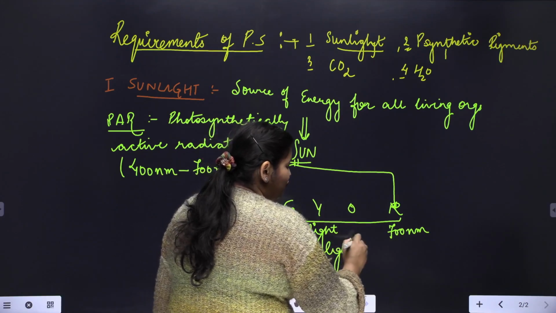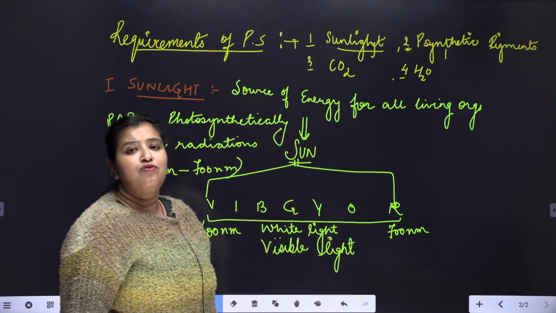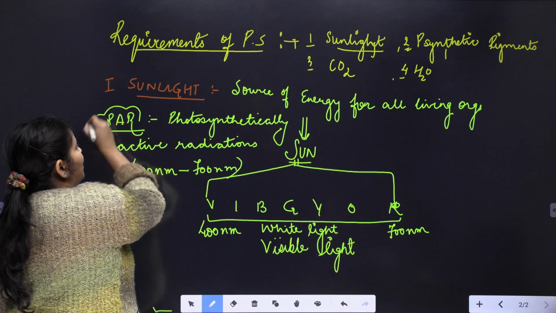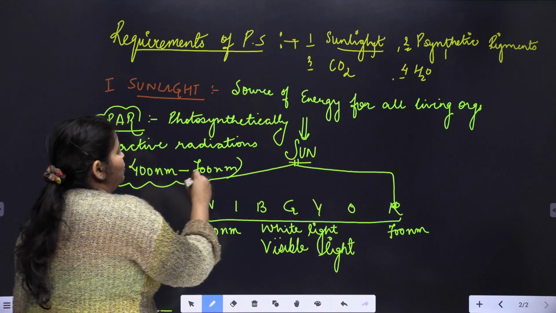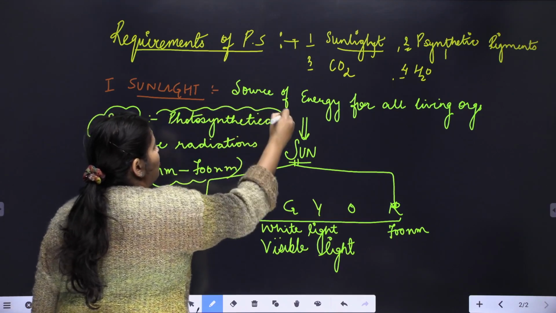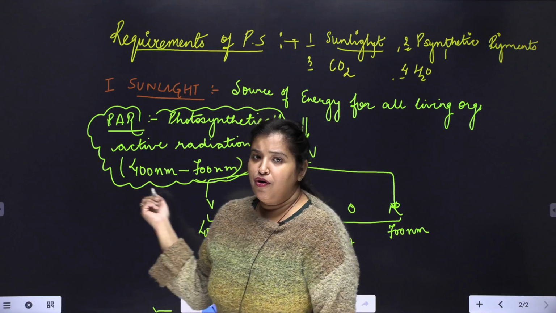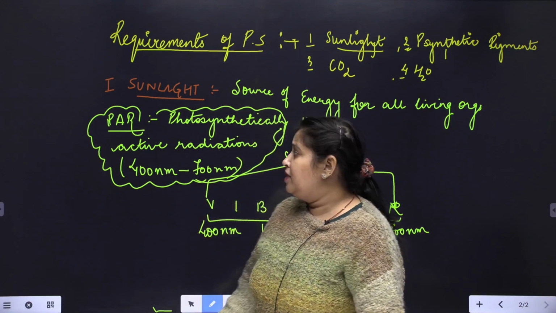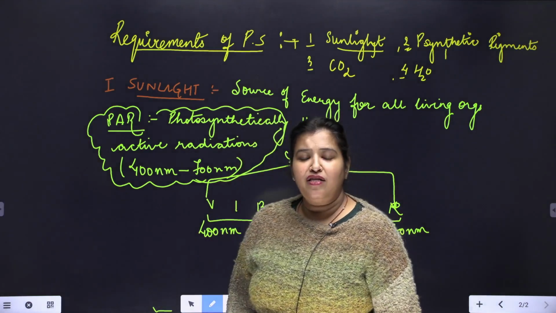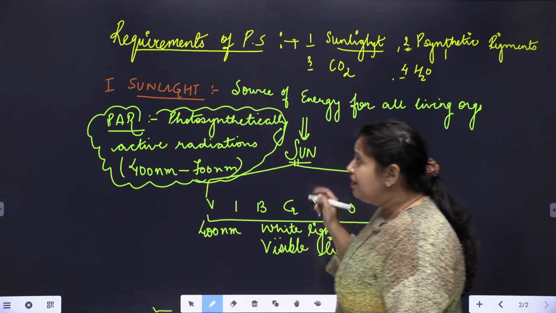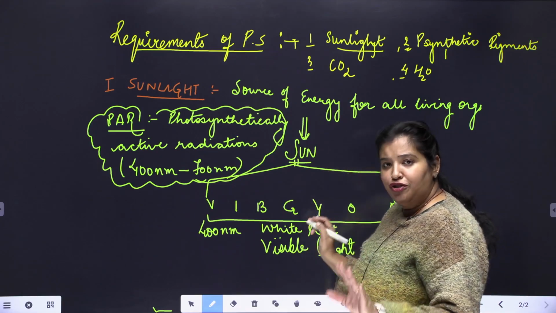So the wavelength of this ranges between 400 to 700 nanometer, and this is what is photosynthetically active radiation. This is again important information if you want to earn additional points when writing for the board exam. Fine. So this is all about sunlight you need to know.